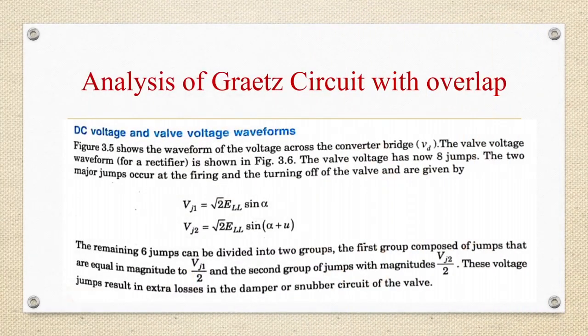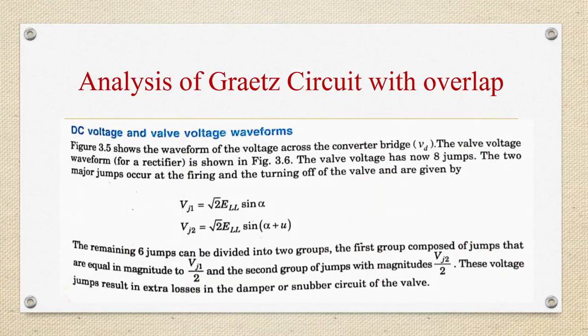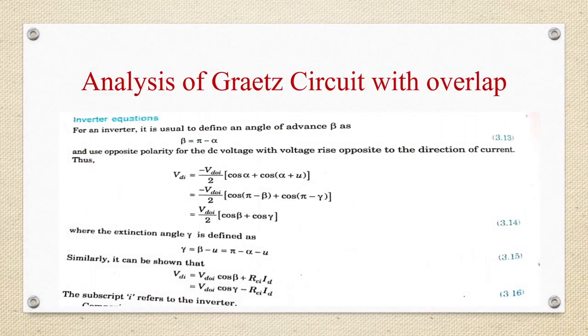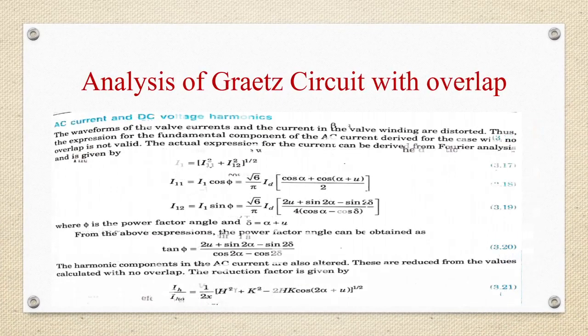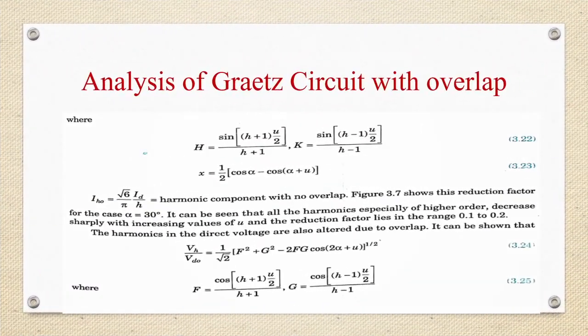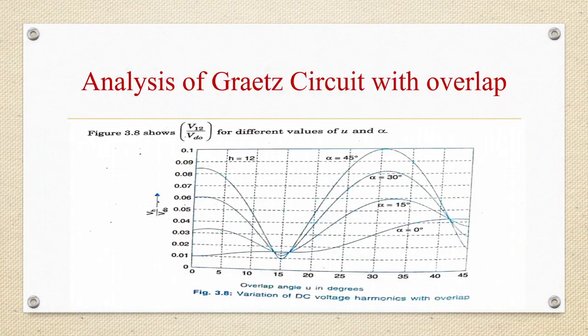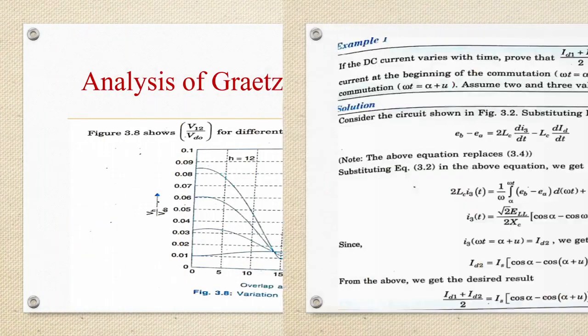DC voltage and VAB voltage waveforms, we have seen VG1 and VG2. And the left side is showing the DC voltage waveform, and right side is showing VAB voltage waveform. Inverter equations we have seen. AC current and DC voltage harmonics. This is the variation of AC current harmonics with overlap, variation of DC voltage harmonics with overlap.